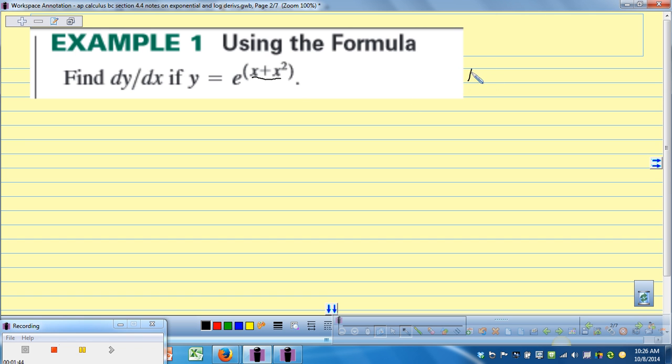So, make a note of that, please. Derivative of e to anything other than just x requires chain rule.